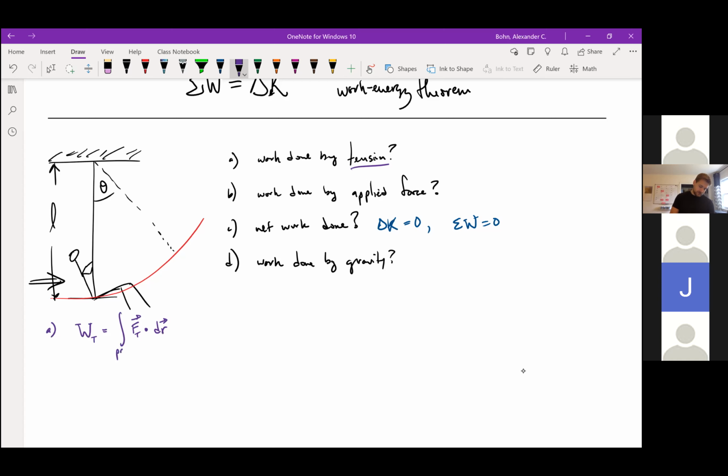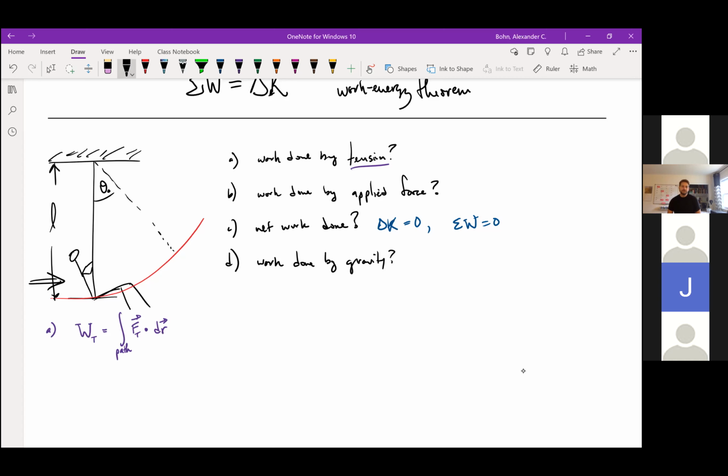I'll just write over the path. There are limits, from theta equals 0 to theta equals something. We'll make that a fixed constant, theta sub 0.